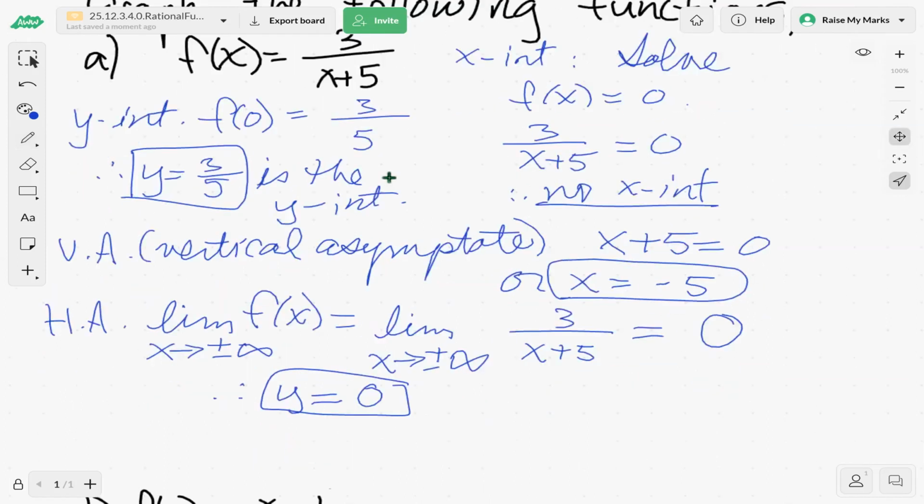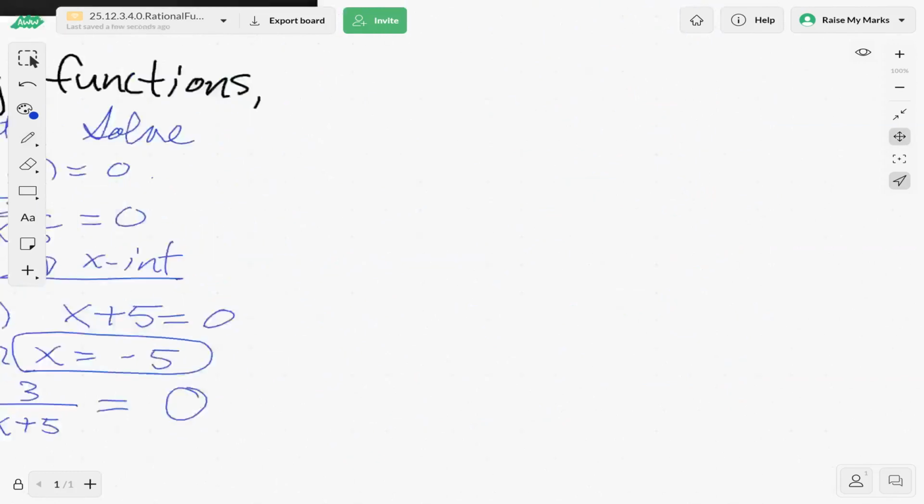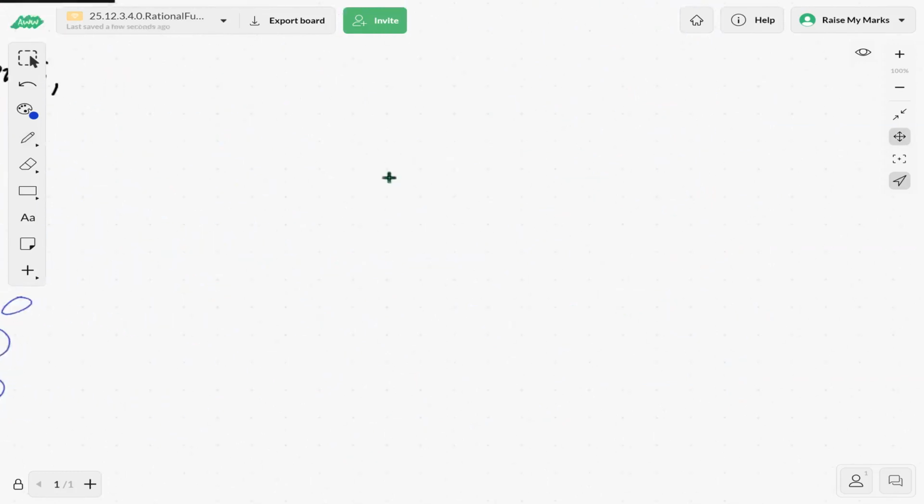Now let's consider, let's scroll over to the right. Let's consider when the function is positive or negative, so the intervals. So we need to take our real number line and divide it up into intervals.